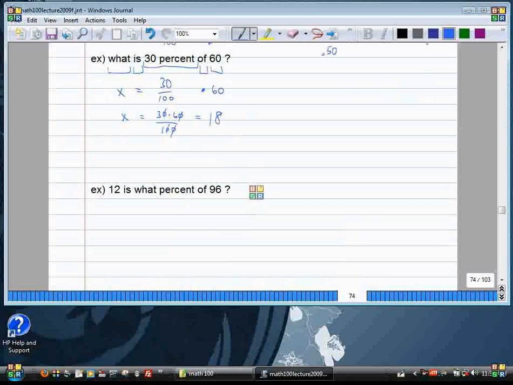So 12, rewrite as 12, then what? No. What's the next word? And how do you write is in math? Is equals. Then what? What is x and what's percent? Divided by 100. Of is times 96.